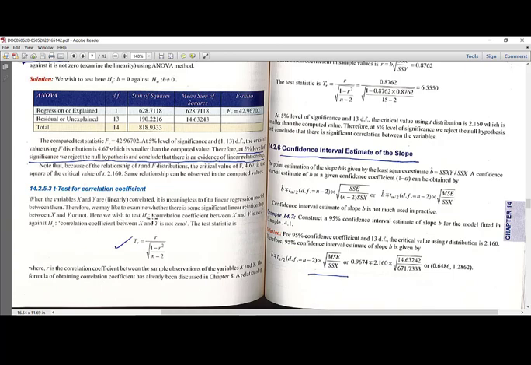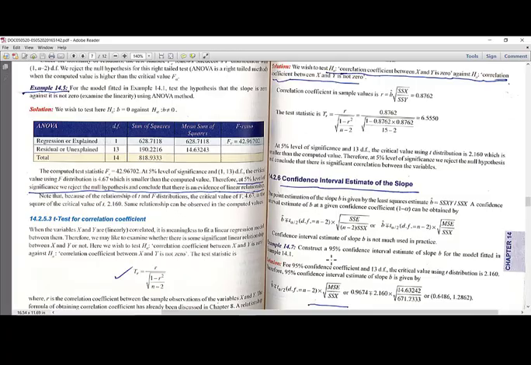Here we wish to test the null hypothesis that the correlation coefficient between x and y is 0, and the alternative hypothesis that the correlation coefficient between x and y is not 0. The test statistic is given by this, where r is the correlation coefficient between the sample observations of the variables x and y.